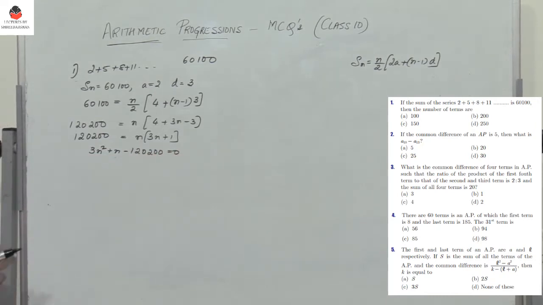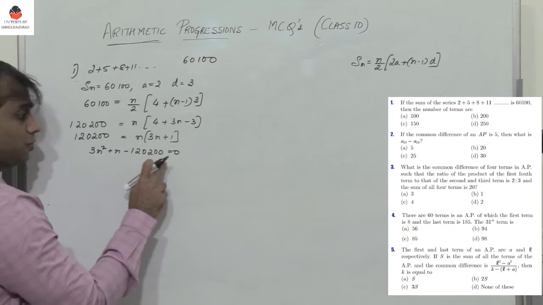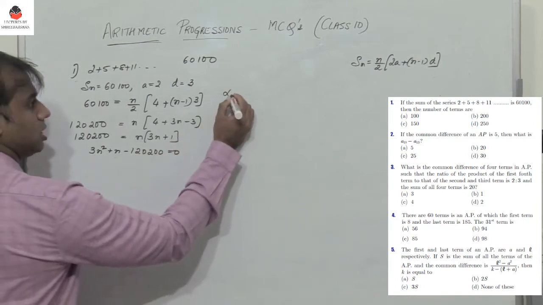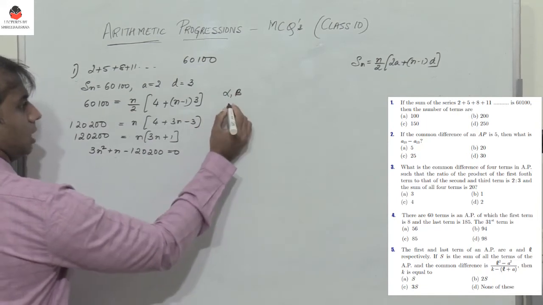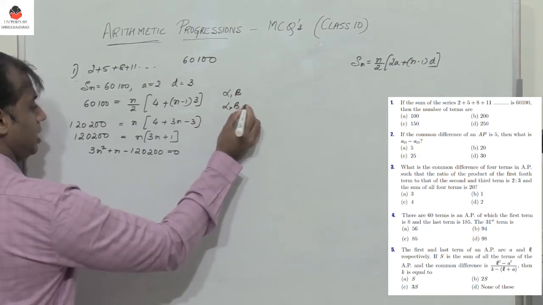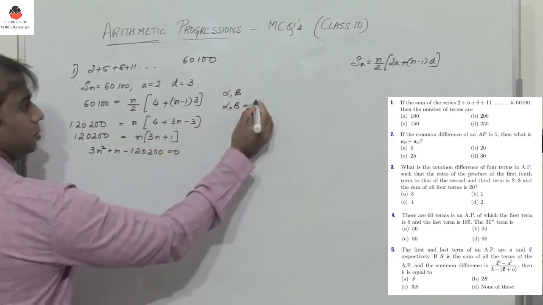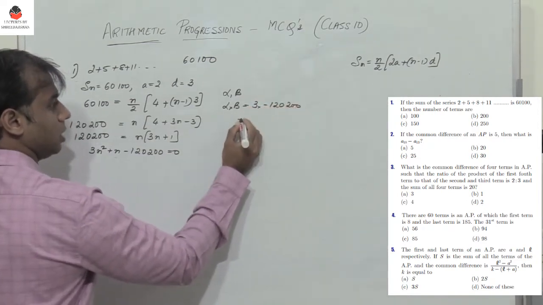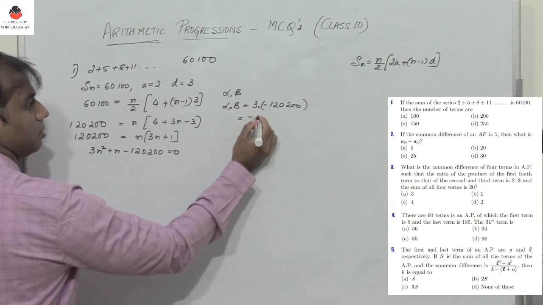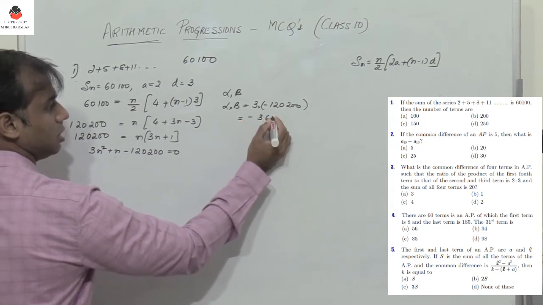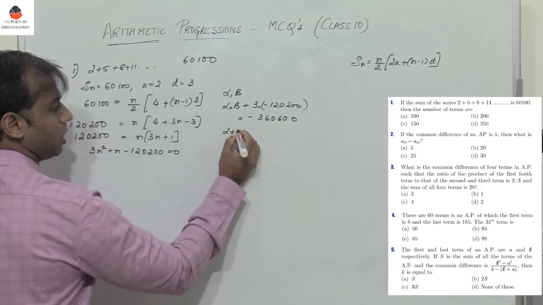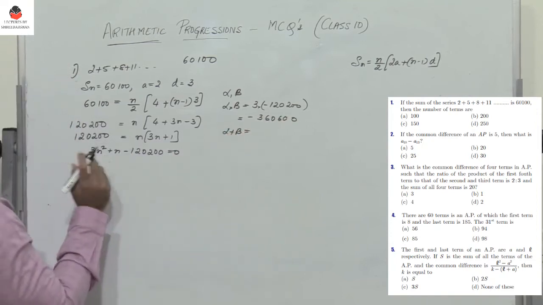So this is a quadratic equation, and I need to find the roots of the quadratic equation. So if the roots are alpha and beta, then alpha into beta is 3 into minus 120200, which is nothing but minus 360,600, and alpha plus beta equals the coefficient of n, which is 1.